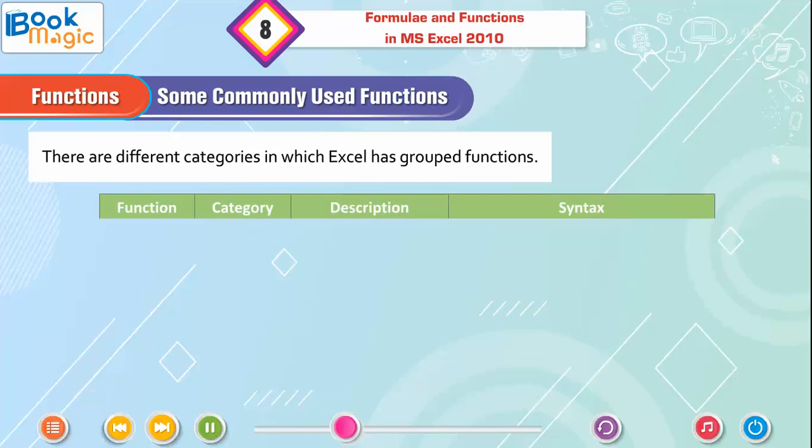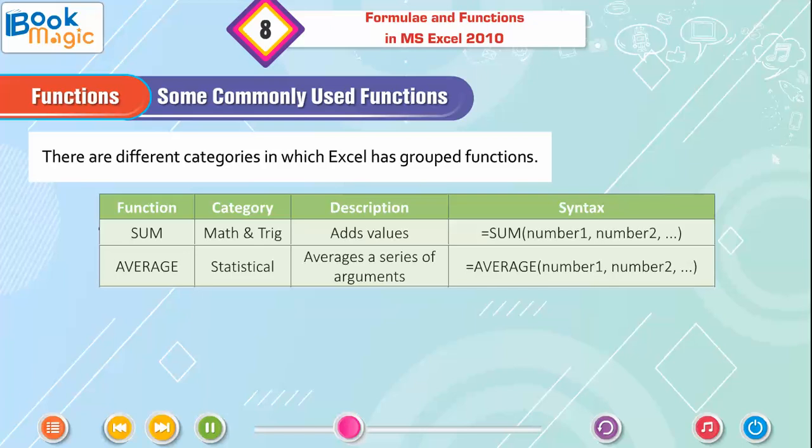Function, category, description, syntax. SUM, math and trig, adds values, =SUM(number1, number2). AVERAGE, statistical, averages a series of arguments, =AVERAGE(number1, number2).